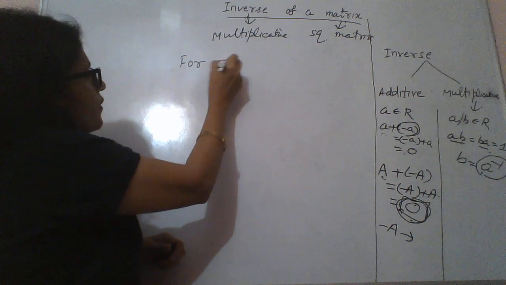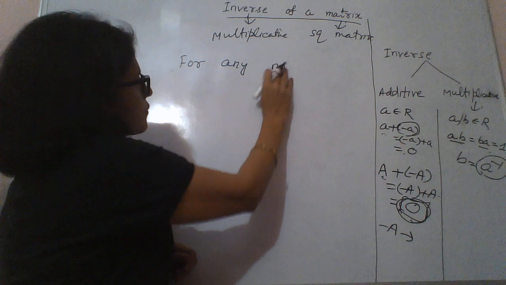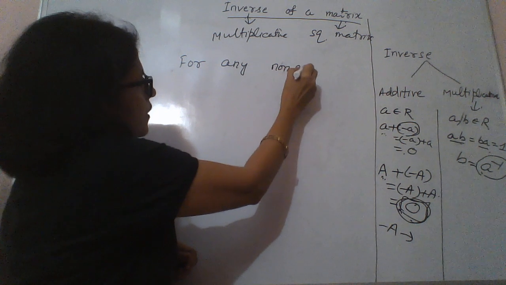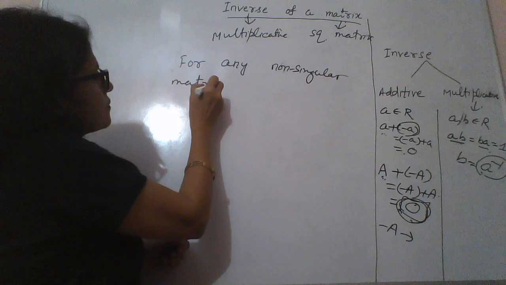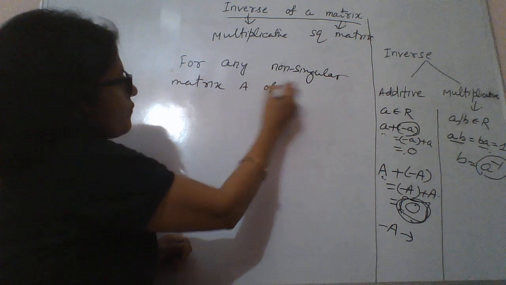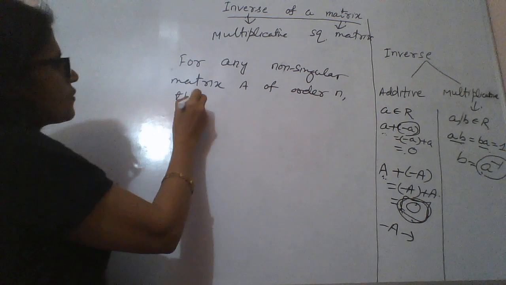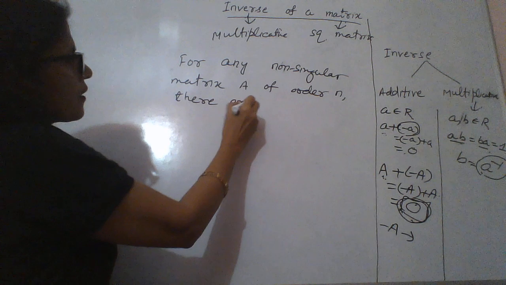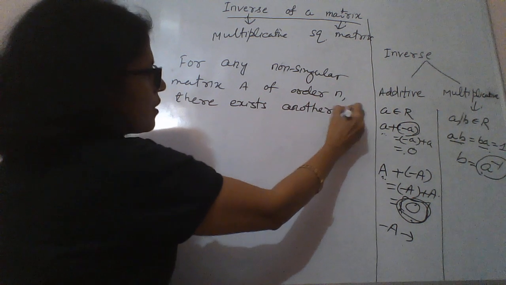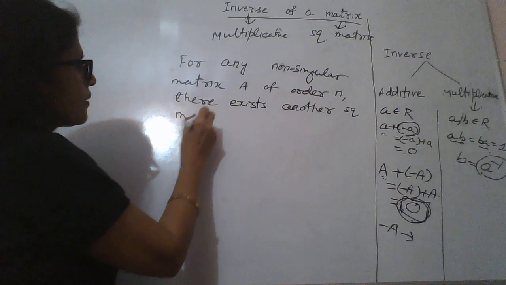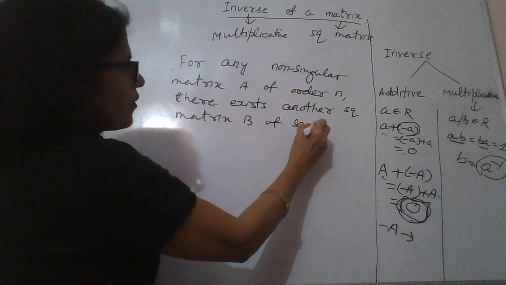For any non-singular matrix A of order n, there exists another square matrix B of the same order.